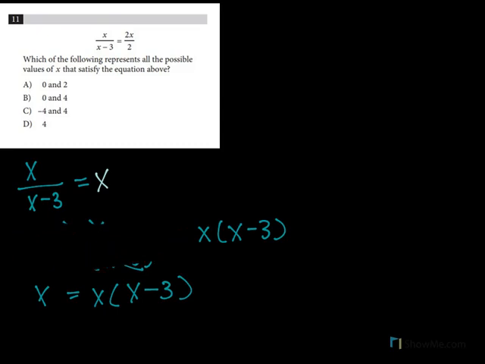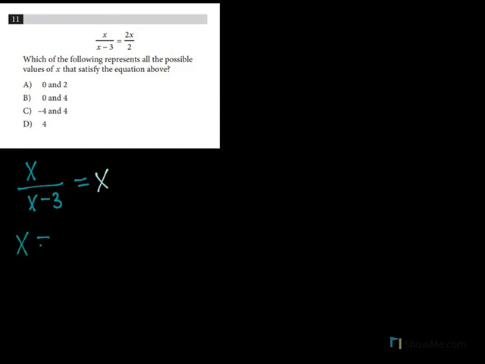And this would simply equal x equals x squared minus 3x. So let's just write that. So we have x equals x squared minus 3x. And once we subtract x on both sides, we would get x squared minus 4x equals 0.